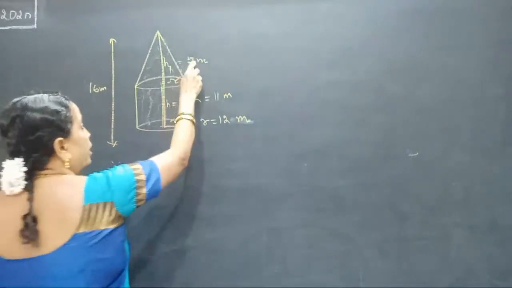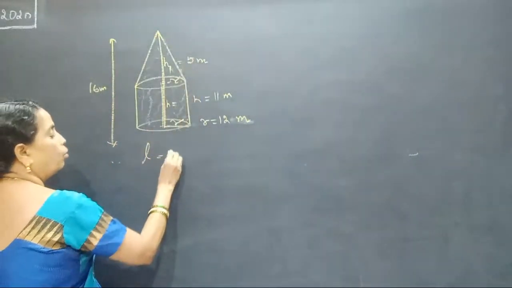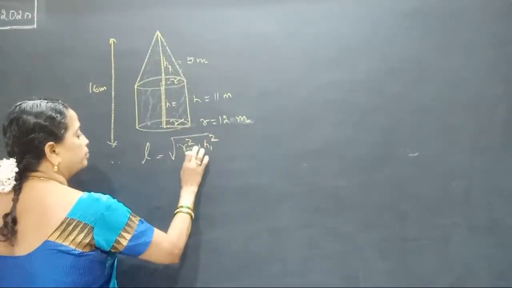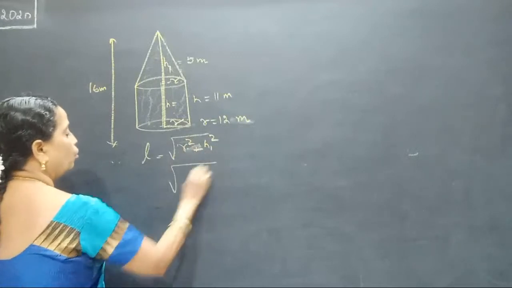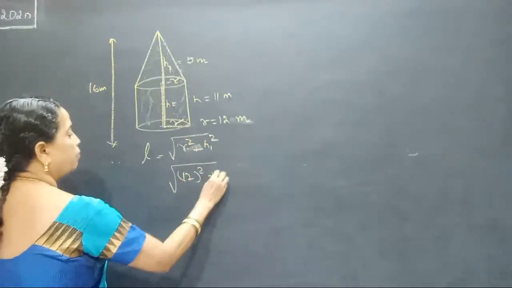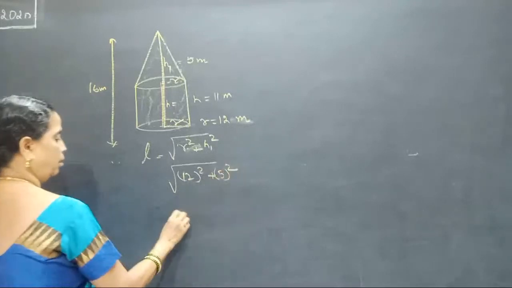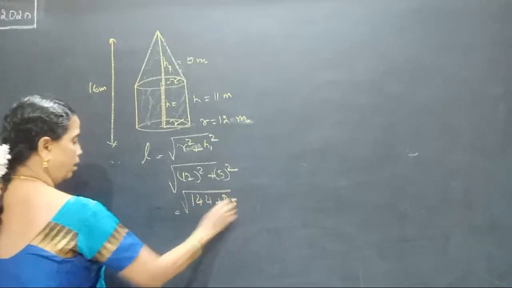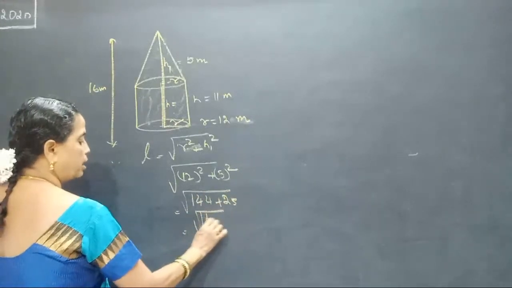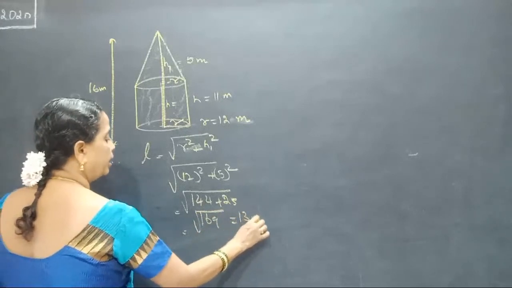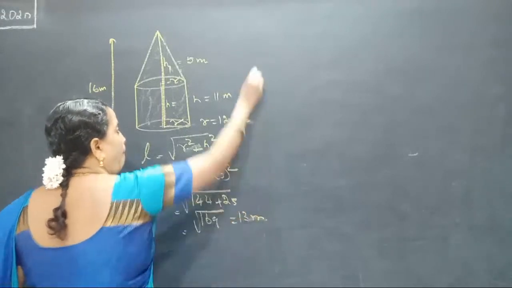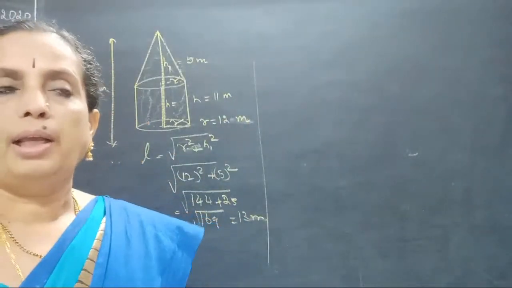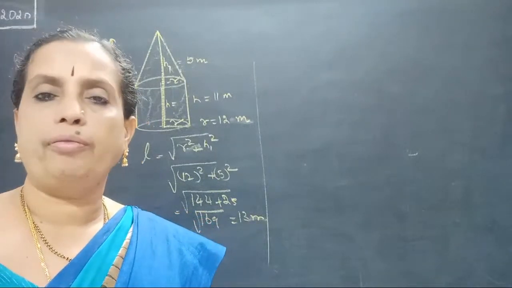To find l we require root of r square plus h1 square. That is root of 12 square plus 5 square. It is root of 144 plus 25. It is root of 169, 13 meter. So again I am repeating, in the question they ask to calculate the total area of the tent.